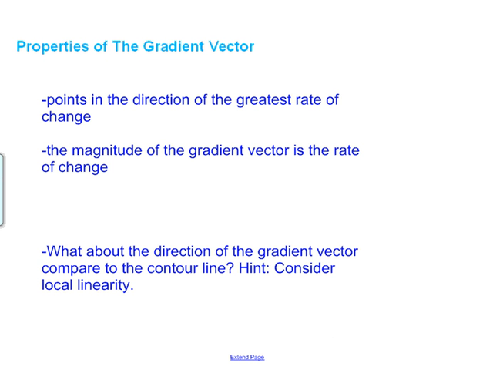Okay. So, properties of the gradient vector that we just explored, thanks to the dot product and the geometric formula for the dot product: the gradient vector points in the direction of the greatest rate of change.